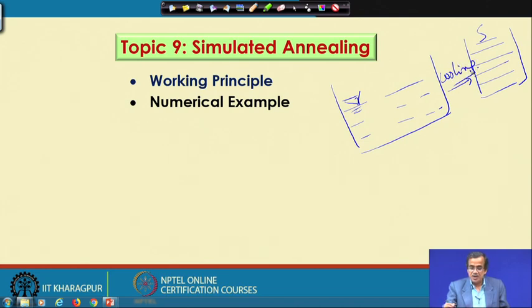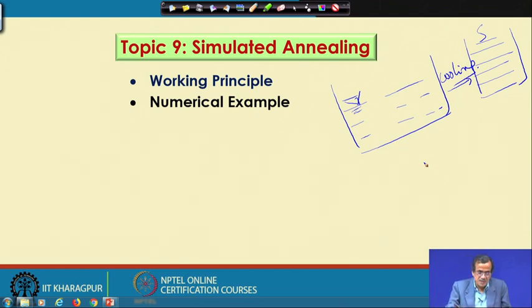Now, if I go for fast cooling, for the steel there is a possibility that you will get some polycrystalline state, and if I go for slow cooling, you will get the single crystal. And if I compare the energy level of the polycrystalline state and the energy level of the single crystal, the single crystal is at a lower energy level, and that is why we go for slow cooling.